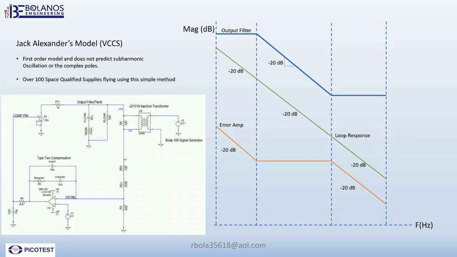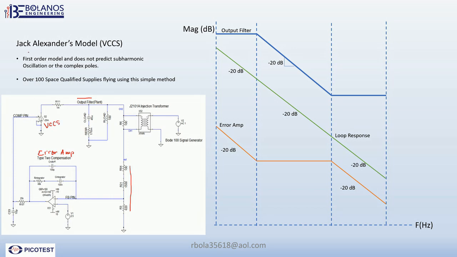Okay, so here we're going to put everything together. Here I show my output filter, and then I show my sampling resistors, and then I show my error amp. Then to complete the loop, I'm using a voltage control current source.